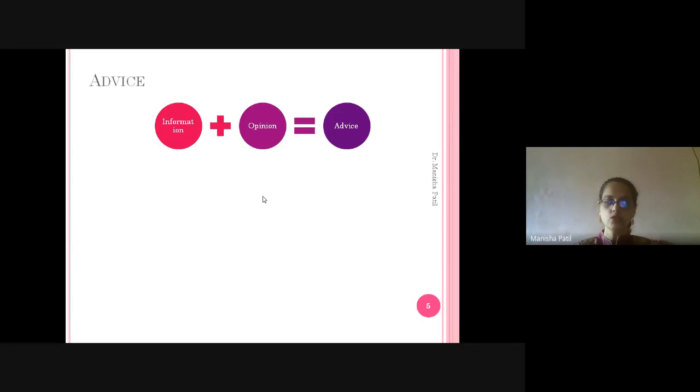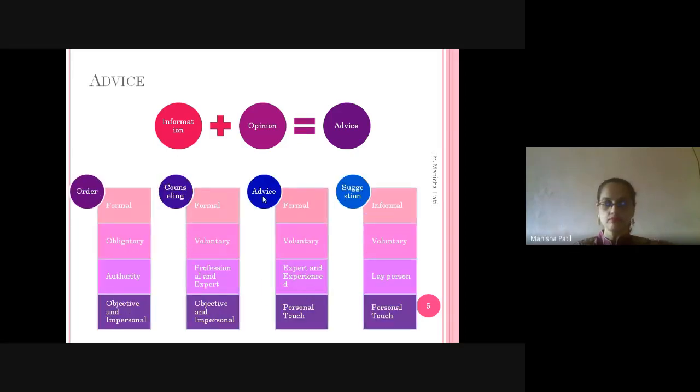That leads to advice. Now, you must have come across various words: order, counseling, advice, suggestion. Now, what is the difference among these words?